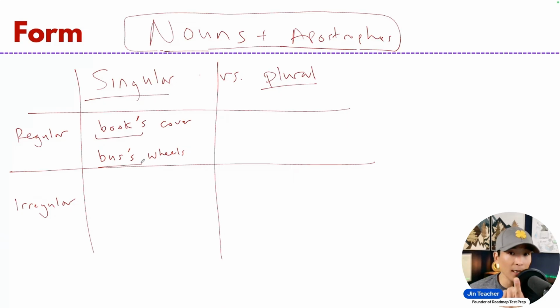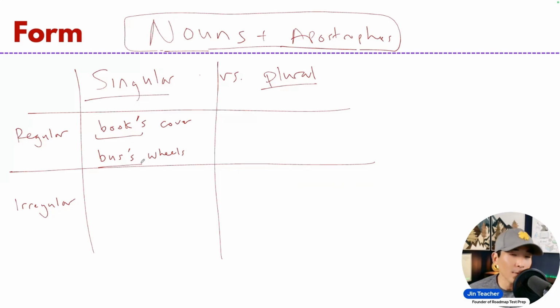We understand one, this is possessive form. In other words, the wheels belong to the bus. And two, this is a singular noun form. This is referring to one bus, okay? So that's going to be the rules or the steps for how to write apostrophes and nouns for singular regular nouns.